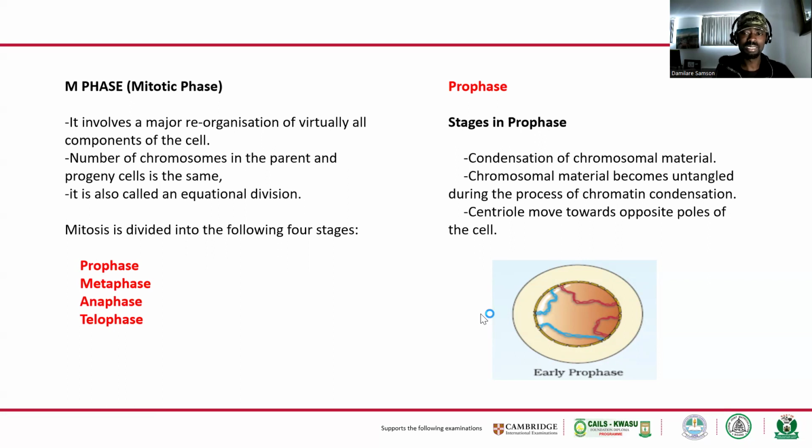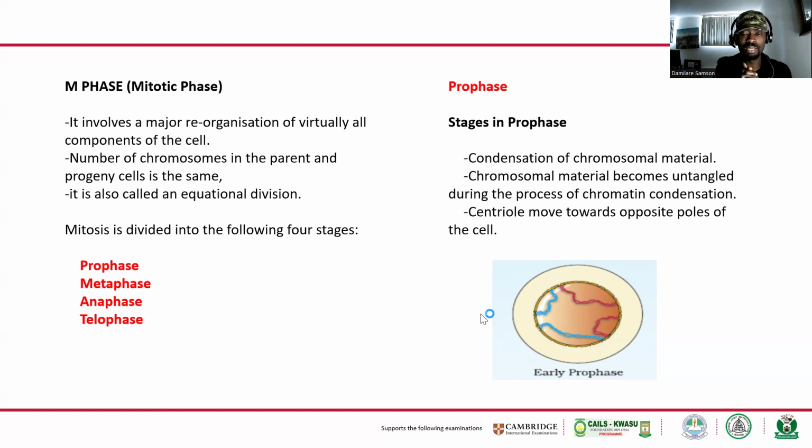Chromosomal materials become untangled during the process of chromatin condensation. It looked tangled before, like you could not see it clearly earlier. But now in prophase, you begin to see them clearly because chromatin material is being formed gradually. It becomes untangled during the process of chromatin condensation.